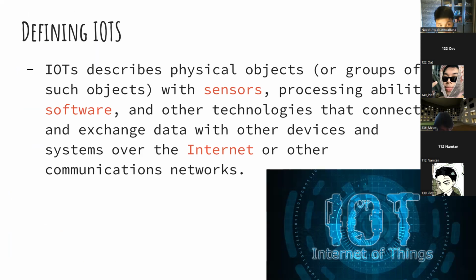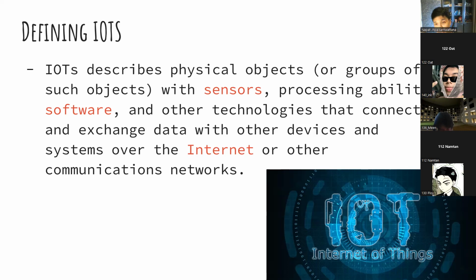So the Internet of Things describes physical objects or groups of such objects with sensors. So the first keyword, right, is sensor. It has to be connected to some sensors in order to send the signal to the internet, right?